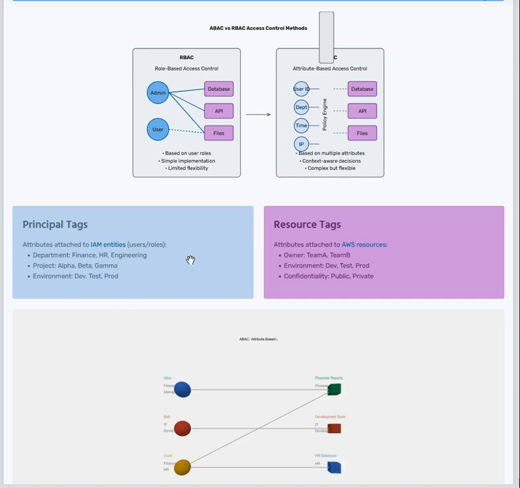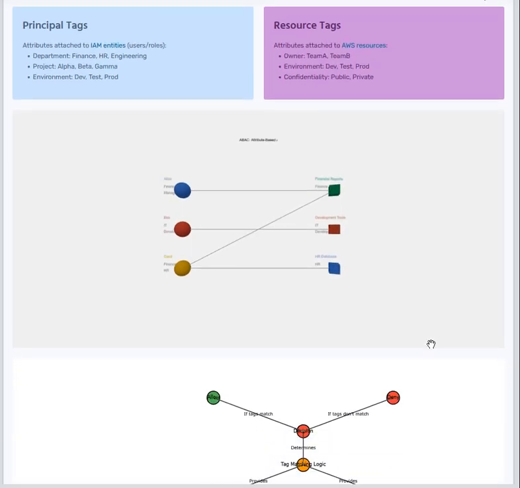And then resource tags. What are resource tags? Attributes attached to AWS resources: the owner, team A, team B, environment, dev, test, production, confidentiality, public, private. So that's attribute based access control.